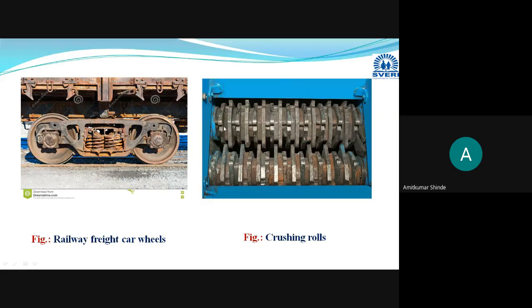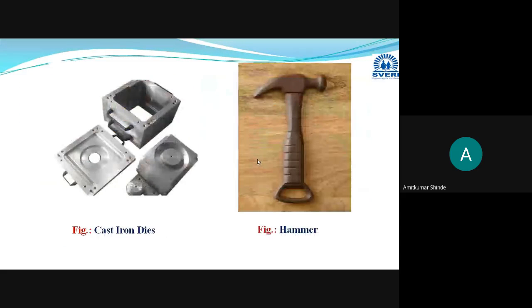Then these are the crushing rolls. Whichever waste materials are there, we crush them in this. These crushing rolls are also manufactured with the help of chilled cast iron only. Then the next application, dies.